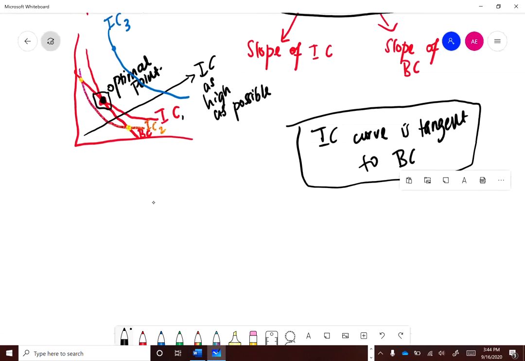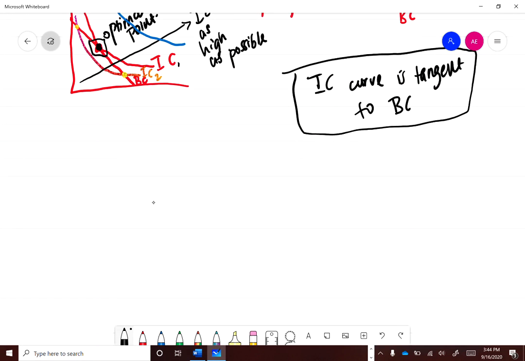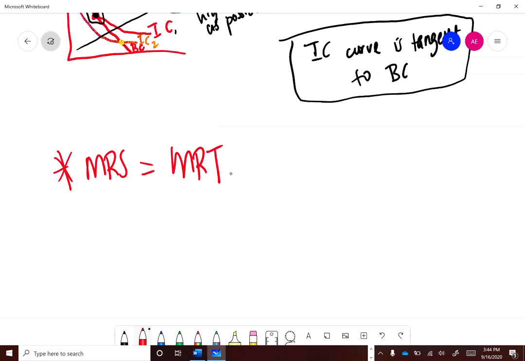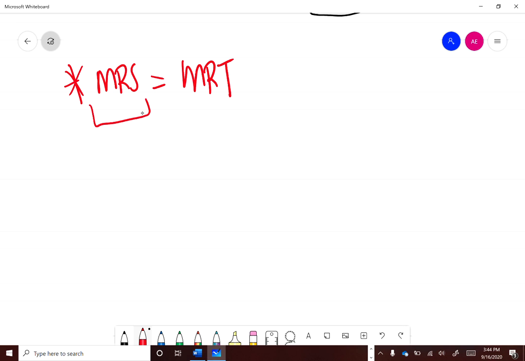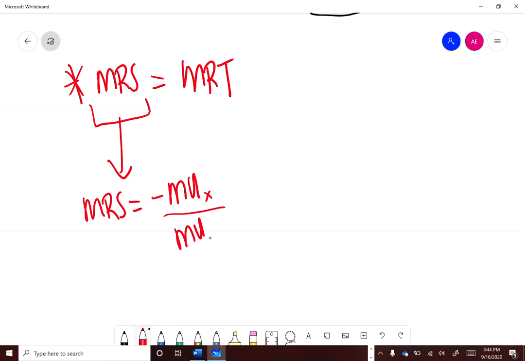Okay, so let's go ahead and do this. We know what we're looking for here. We want MRS equal to MRT for Rory. We know that MRS is equal to negative marginal utility of good x, the derivative of the utility function with respect to x, divided by the marginal utility of good y.